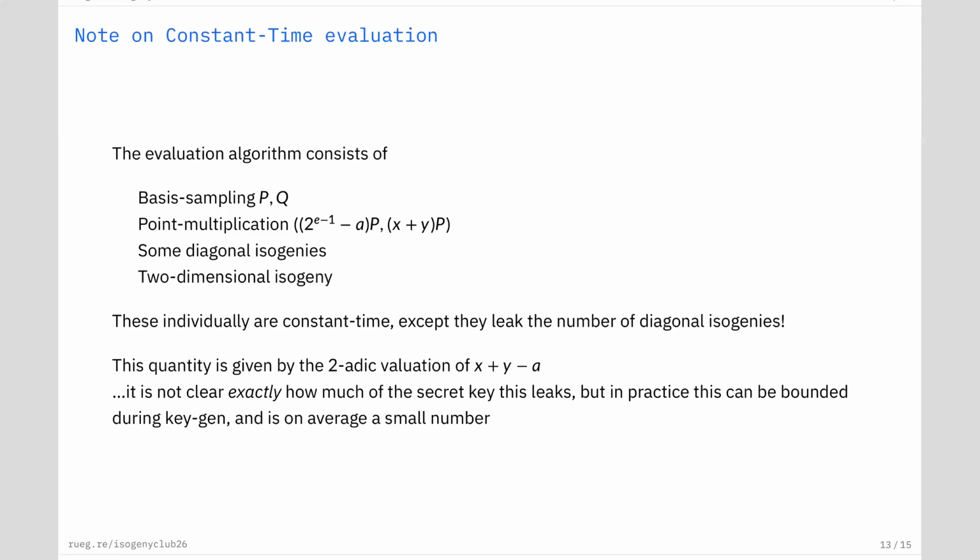So one short note before closing out on the status of the implementation of Coral is that keygen I'm not going to talk about here, but the group action evaluation is kind of constant time. I know that doesn't sound great, but many of the building blocks are already there.